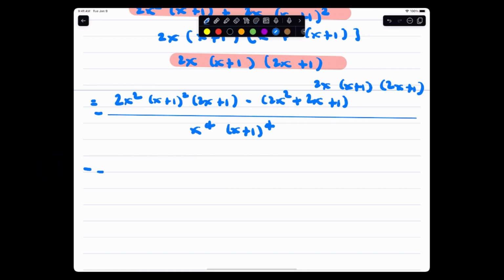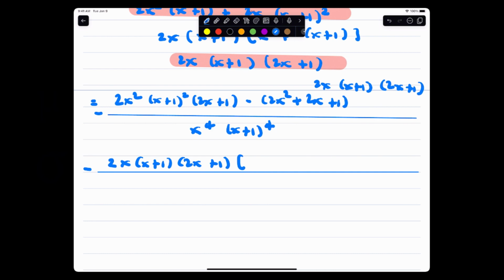Got the negative sign. So we're going to factor out 2x, x plus 1, 2x plus 1. Okay? It's always going to be the smallest power here.